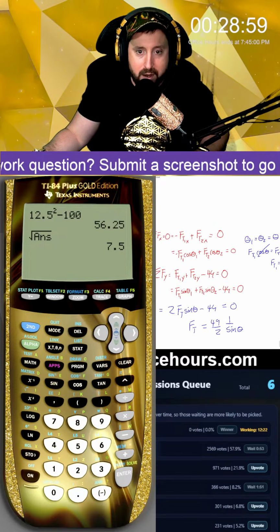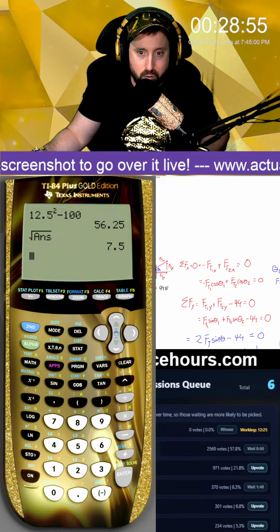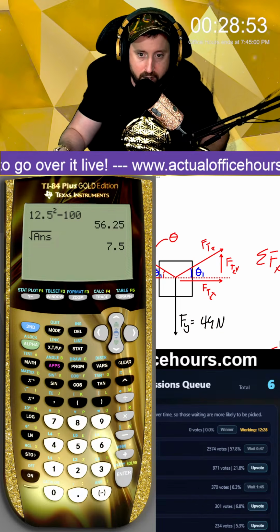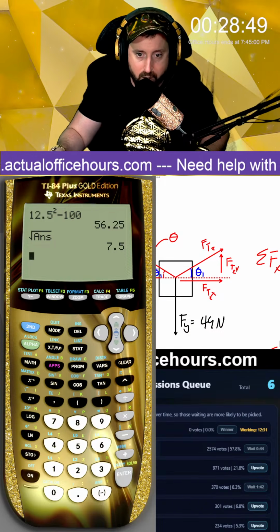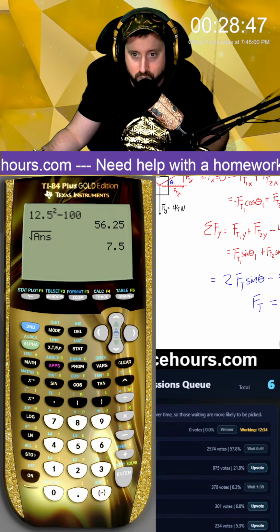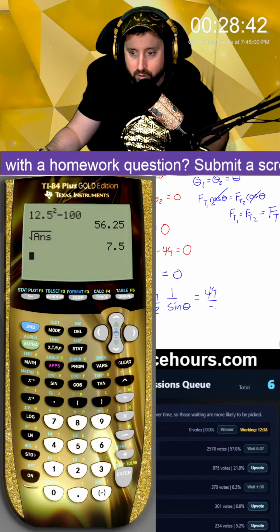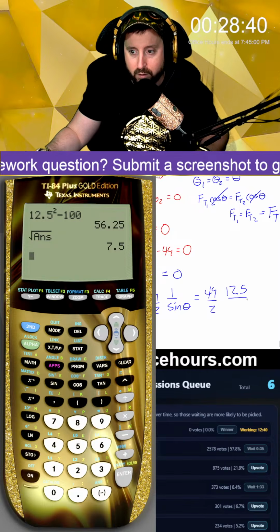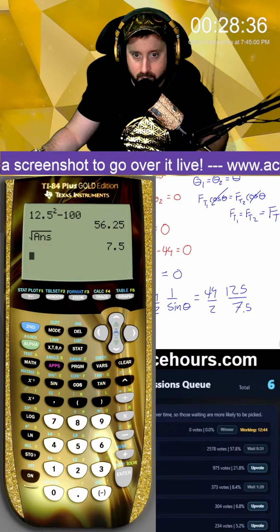Now, what is the sine of theta? We could have calculated an angle and then taken the sine of that angle, but you can also be smart and just look at the triangle: sine is opposite over hypotenuse. So that's just 7.5 over 12.5. So this is 49 over 2 times 12.5 over 7.5.